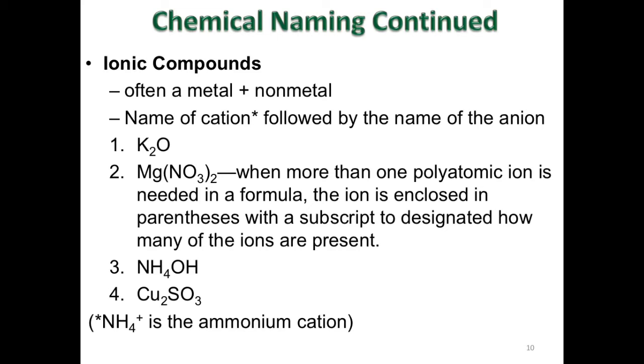And when there's more than one polyatomic ion needed in the formula, that ion is enclosed in parentheses with the subscript on the outside to designate how many of those ions are present. Number 3 is ammonium hydroxide. This is an ionic compound of the ammonium ion and the hydroxide ion.